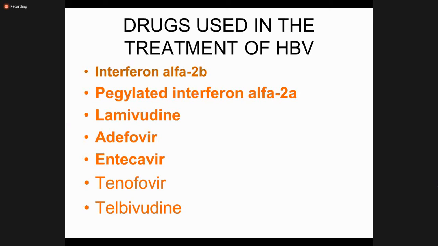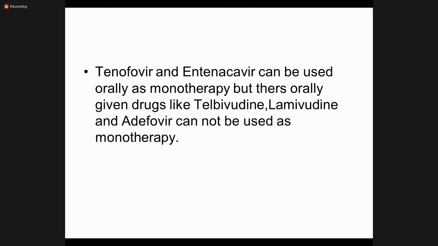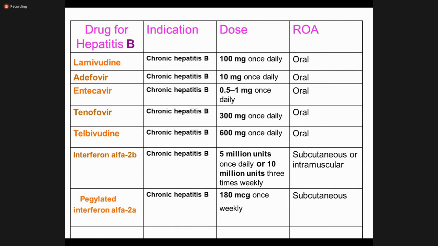Other drugs are lamivudine, adefovir, entecavir, tenofovir, and telbivudine. So these are the commonly used drugs, right? For hepatitis B infection, in the acute attack there is no as such treatment, but to avoid the development of chronic hepatitis, we use the therapy.